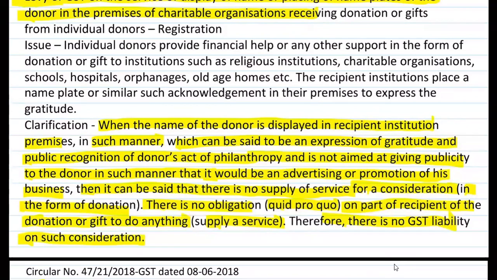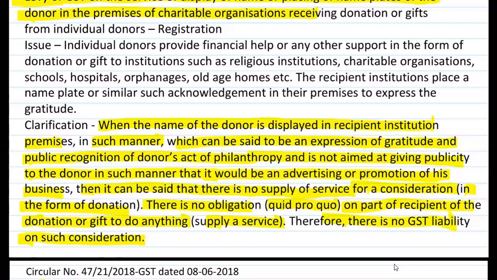Okay, if you are keeping the condition and your name is being displayed, suppose for example I have given the donation, they could have written that Mr. Shivam Singh has donated, but suppose my firm name is Shivam and Company. They have expressed gratitude to Shivam and Company dealing in furnitures.